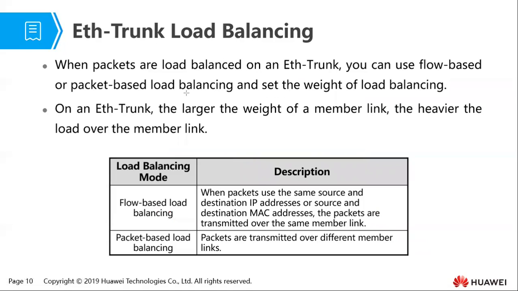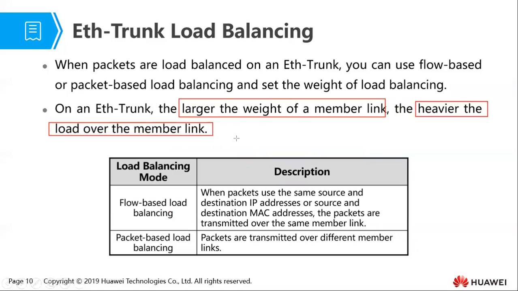With the weight, the larger the weight of a member link, the heavier the load for that particular member link. Actually, the default weight for any member of the Ethernet trunk is 1. So in case you want to change the weight of an interface, you go into the particular interface, for example GE0/0/1, then you use the command distribute weight, then you put a value, for example, 2.